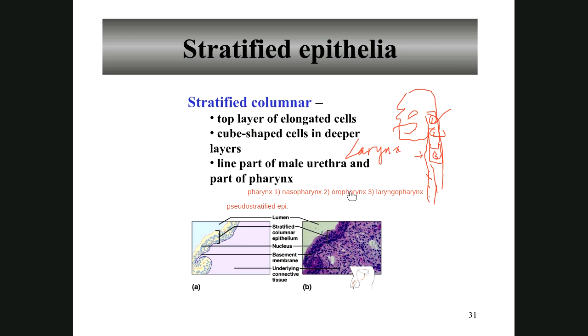Because you don't want abrasion, you would see that both of these are stratified, and they're stratified columnar epithelium.